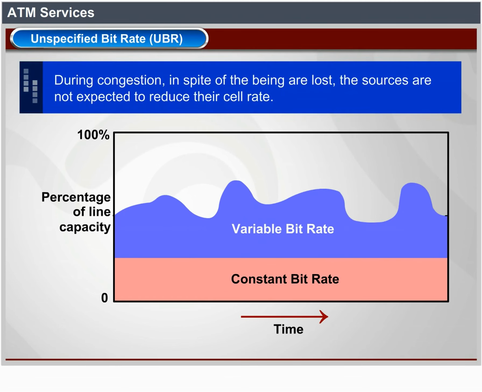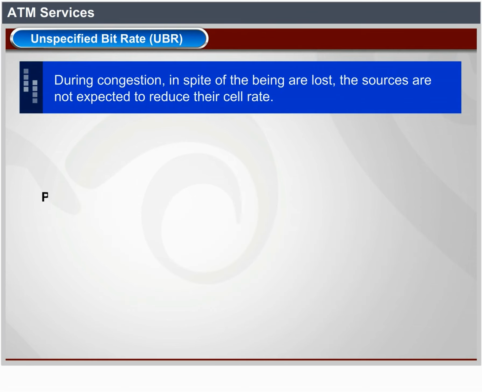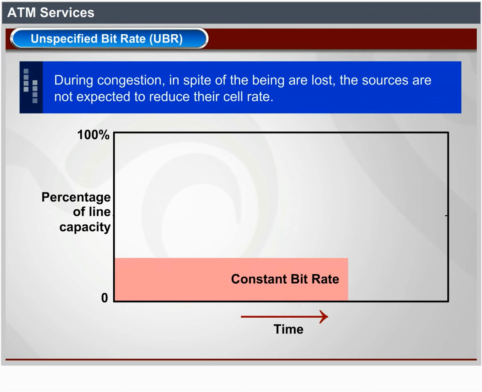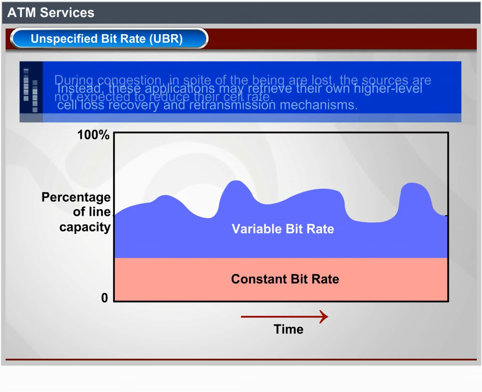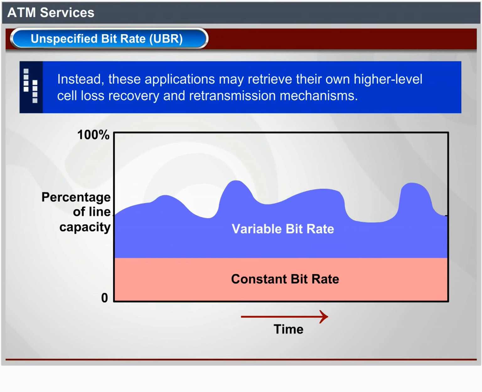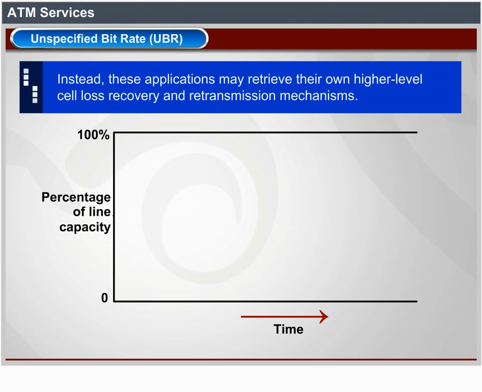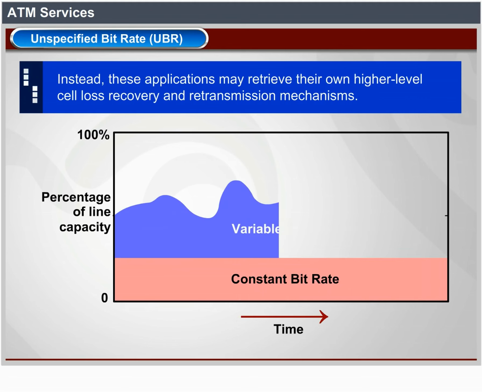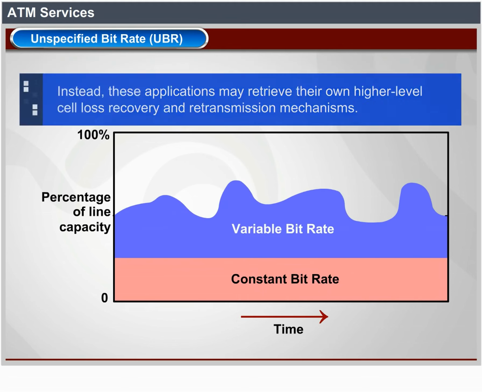During congestion, the cells are lost, but the sources are not expected to reduce their cell rate. Instead, these applications may have their own higher level cell loss recovery and retransmission mechanisms.